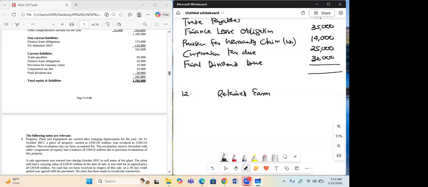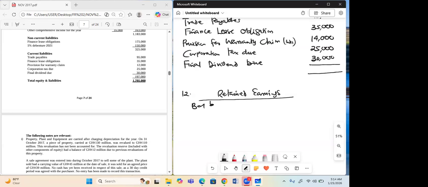Retained earnings. What was the opening balance of retained earnings there? 375,000. So the unadjusted one was 375,000.